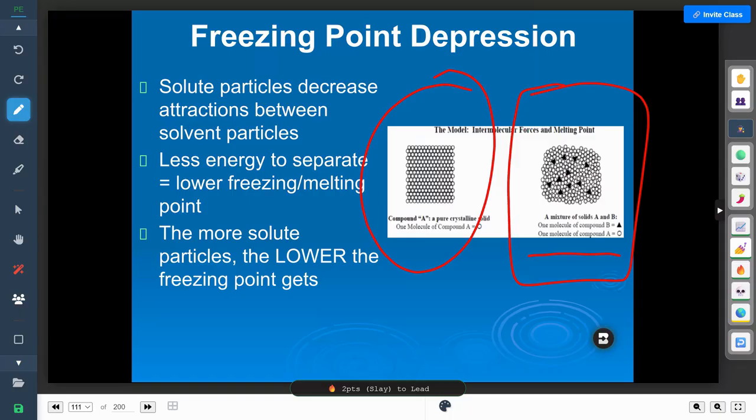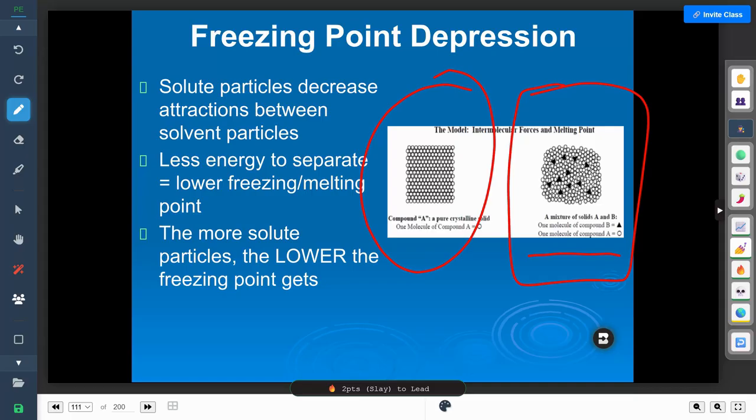You've always got the freezing and the melting taking place at equilibrium.